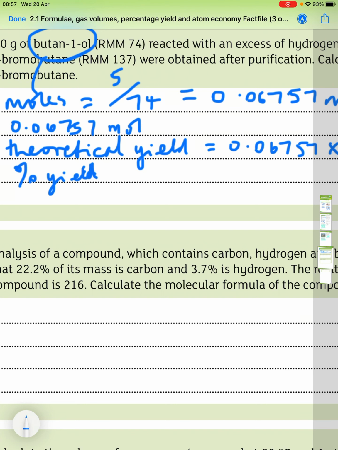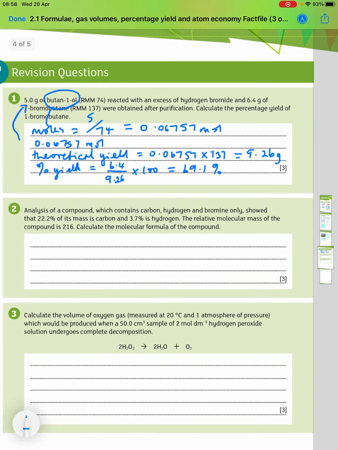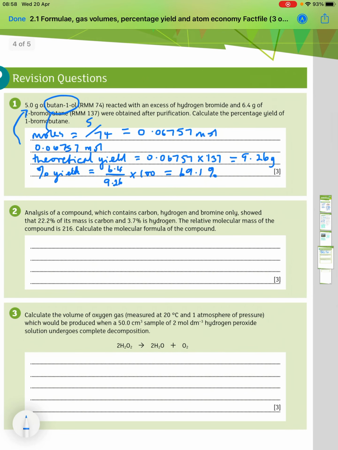So then the percentage yield is the actual yield, which is 6.4, divided by the theoretical yield, which is 9.26, times 100, and that gives us 69.1%.